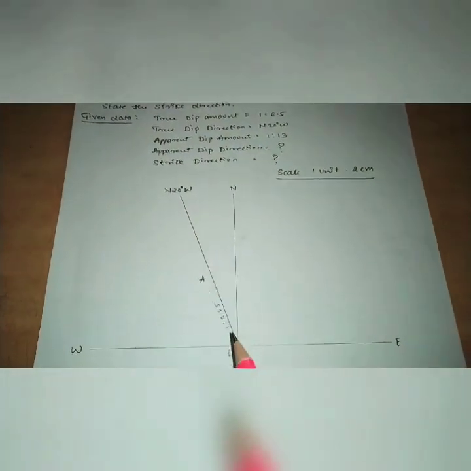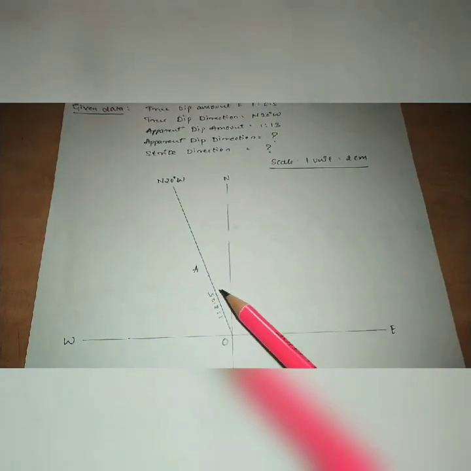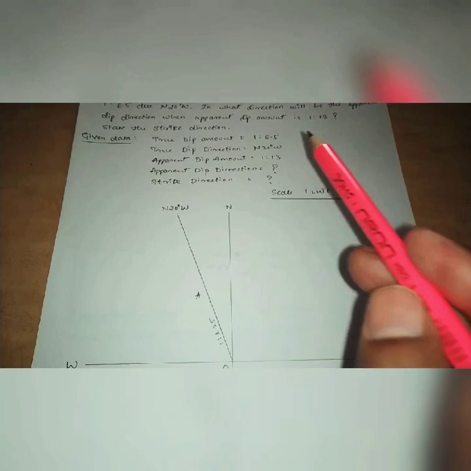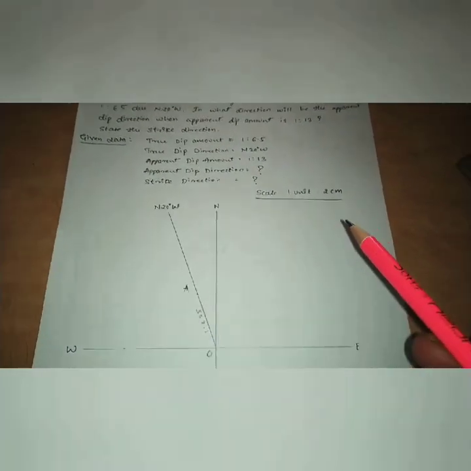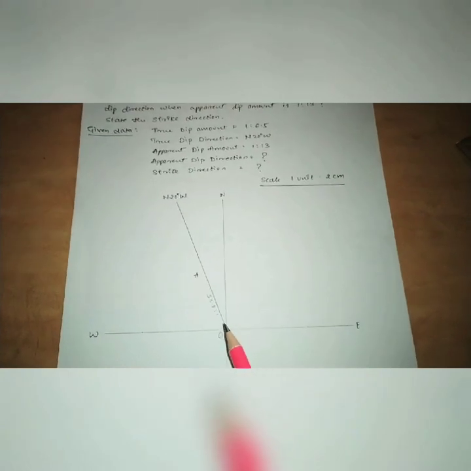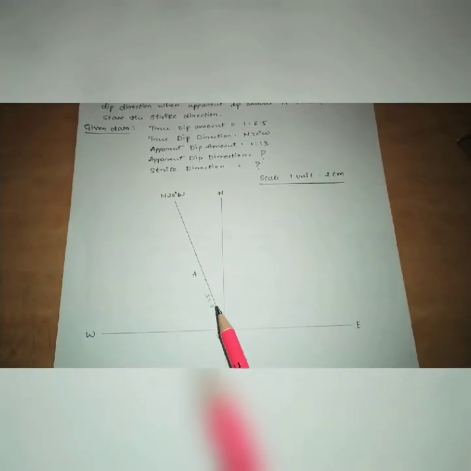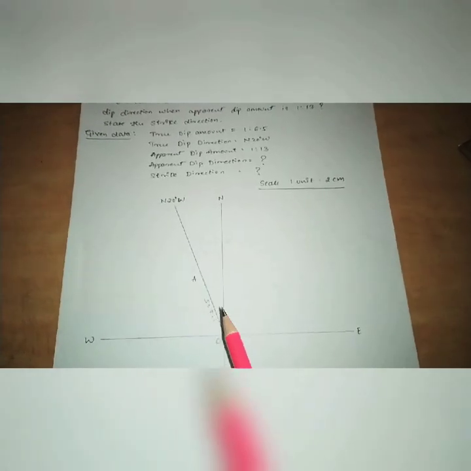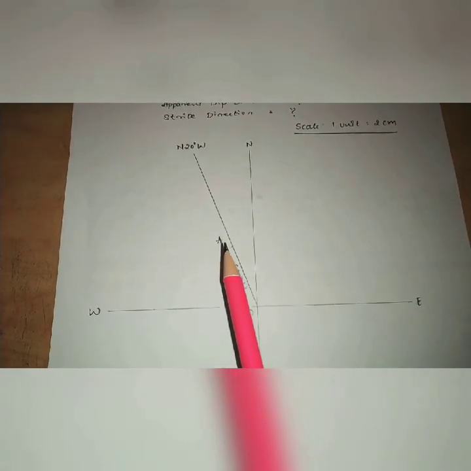On that direction we have marked the true dip amount, 1:6.5, which on this scale is 1:3.25, and the point is labeled as A.